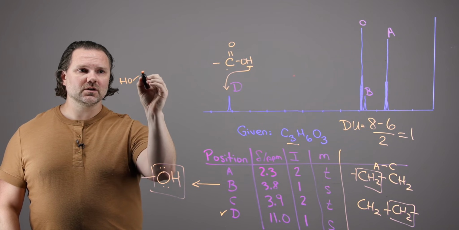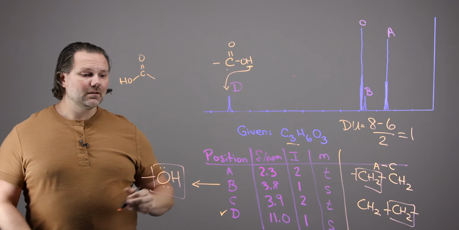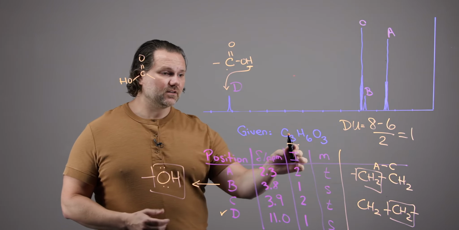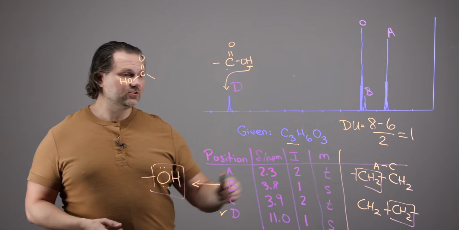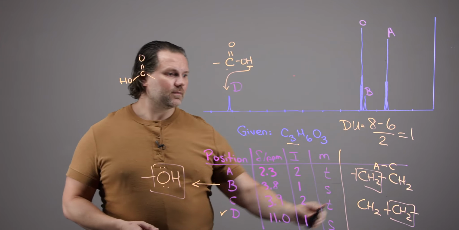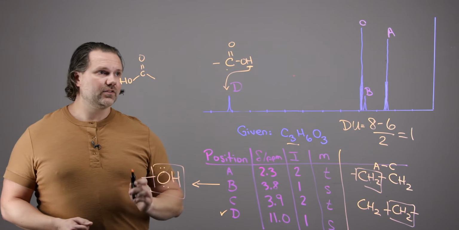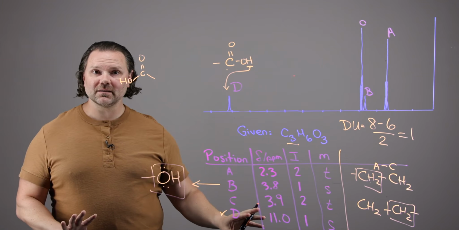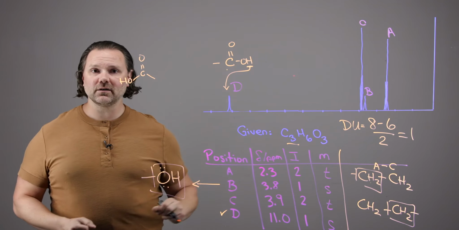OH bonded to a carbon that is double bonded to an oxygen, and that will be bonded to what? Because if we look here, we said there are 3 carbons, 1, 2, and 3. There should be 6 hydrogens, 1, 2, 3, 4, 5, 6. And 3 oxygens, 1, 2, and 3. We found every atom here. So every piece as we fit it together is already on the board.